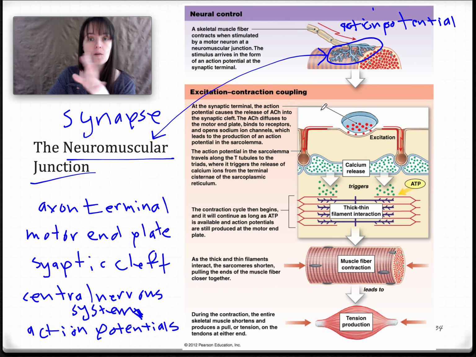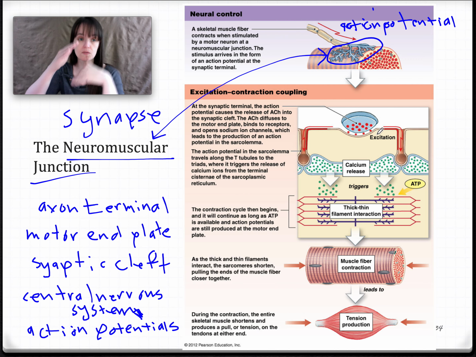Let me walk you through this picture, which is probably supposed to be on the next page of the note set. The nerve sends the message in the form of chemicals across the synaptic cleft. So here's our axon terminal, and here's our motor end plate, and the gap between the nerve cell and the muscle cell. The nerve cell and the muscle cell don't touch.